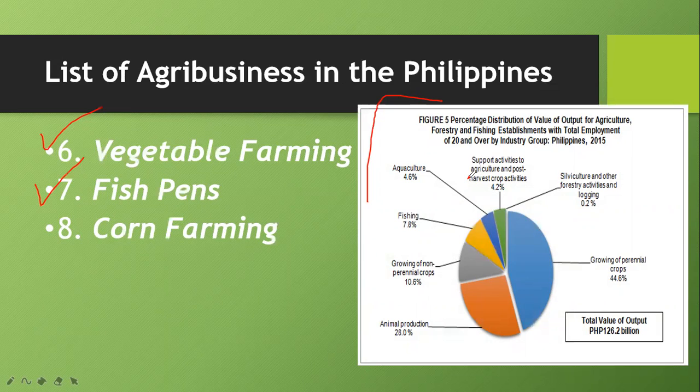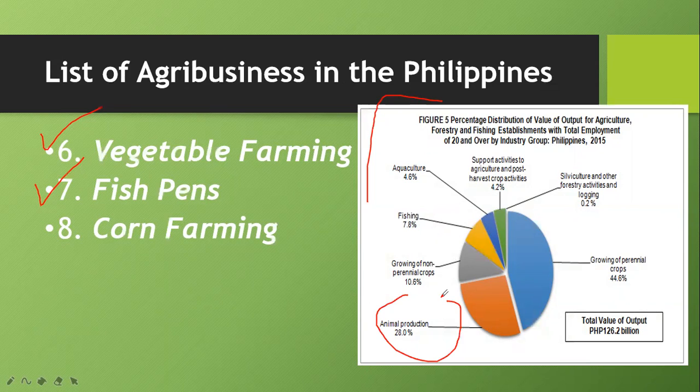We also have 44.6% of growing of perennial crops. And then we also have growing of non-perennial crops, which is 10.6%. We also have the animal production, which is 28%. We also have fishing, 7.8%.